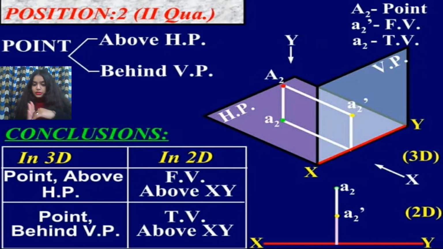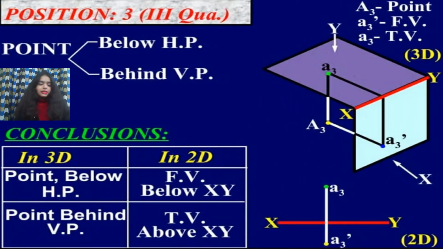When you rotate it clockwise, it is going to overlap. So front view and top view both will be above the XY line, that is, the reference line, because both planes overlap. So in conclusion, front view is above XY and top view is also above XY. Clear?